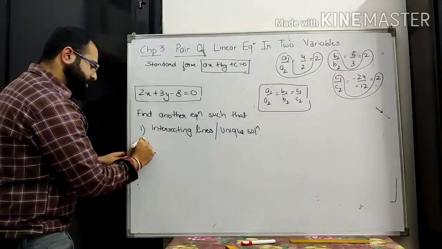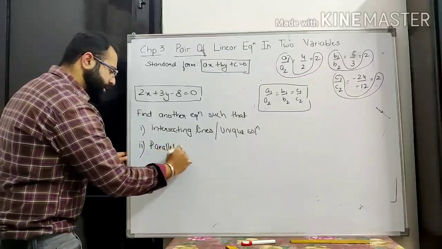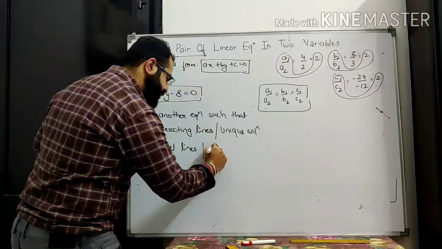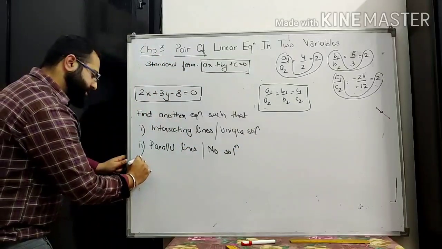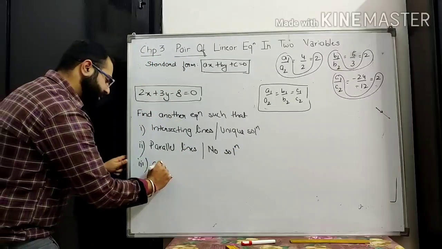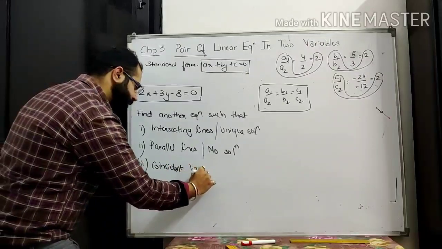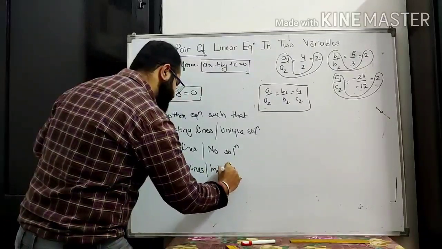Second, we have parallel lines. Parallel lines mean we have no solution. And the third case, overlapping, or you can say coincident lines, or you can say infinitely many solutions.